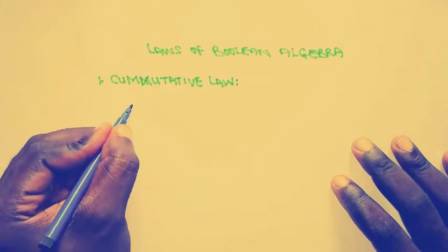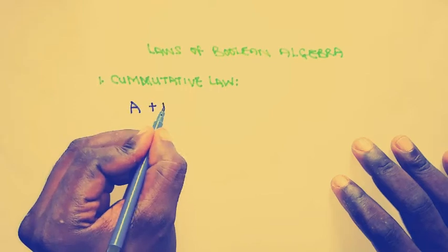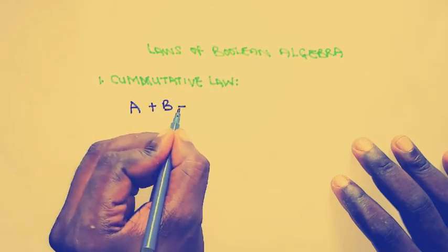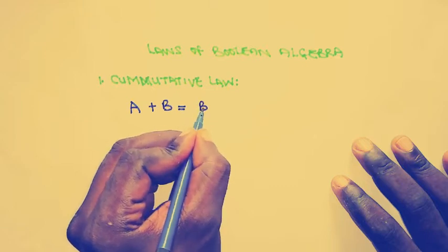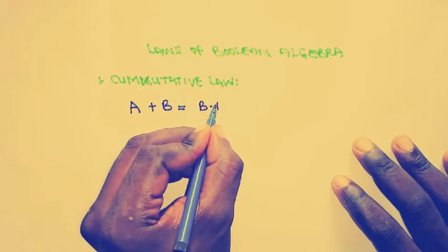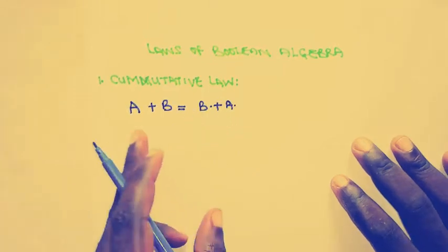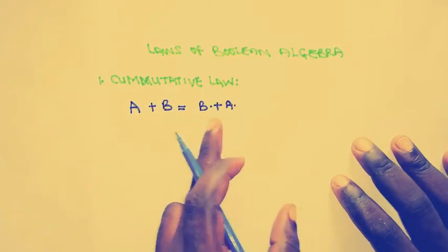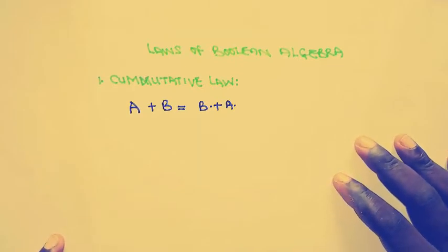It says if you have an element A plus an element B, it is the same thing as saying the same element B plus the same element A. It simply tells us that the order of arrangement does not really matter when it comes to addition of two elements together.